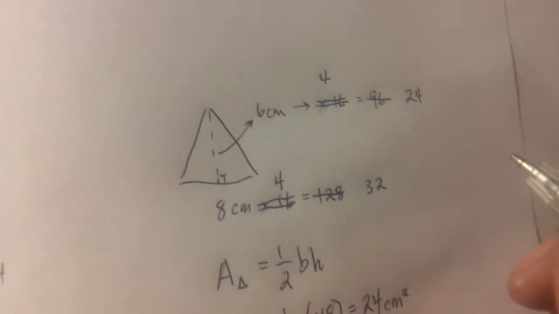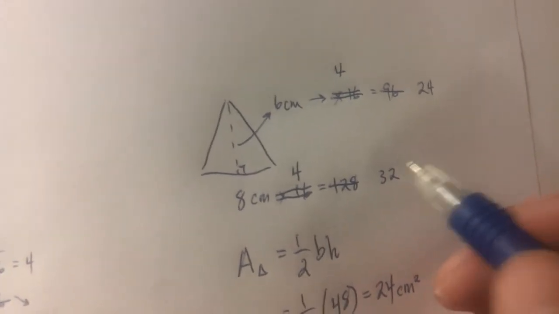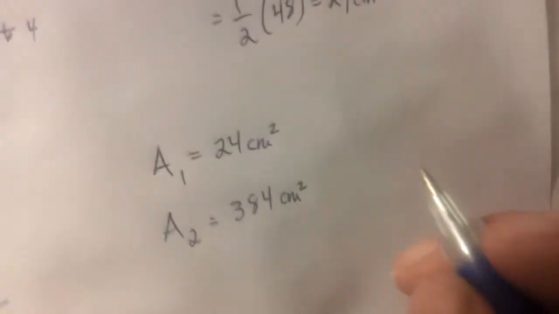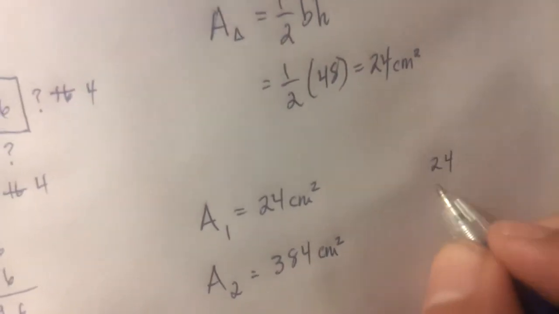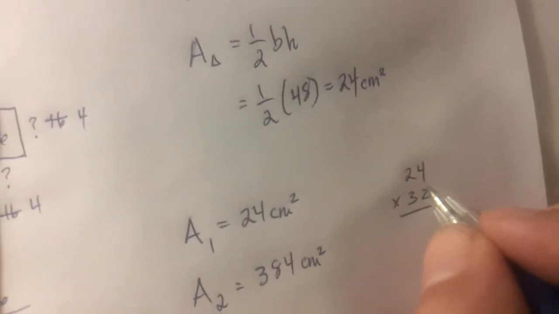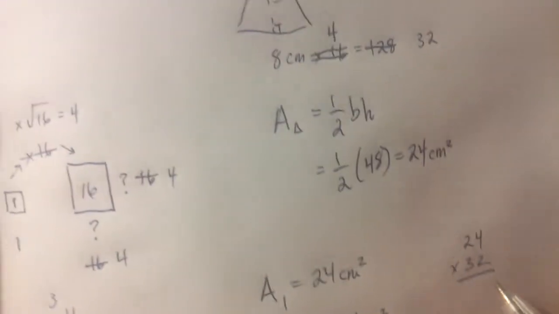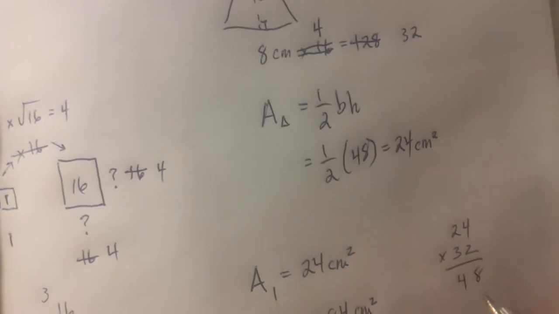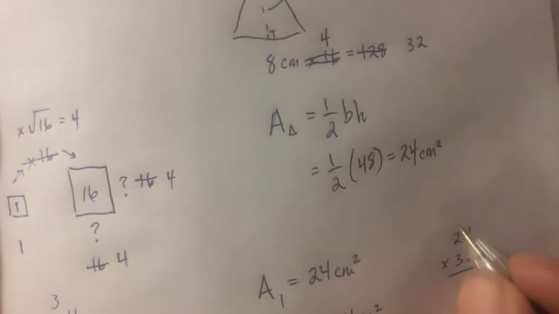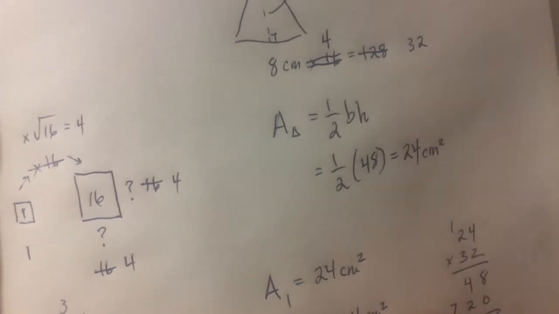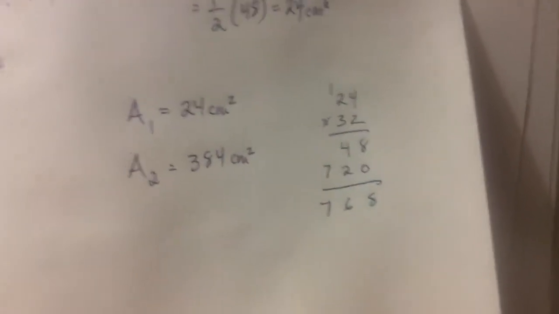Now I'm going to multiply 24 by 32 and see what I get. 2 times 4 is 8. And 2 times 2 is 4... 3 is 12. 6, 7. 768.